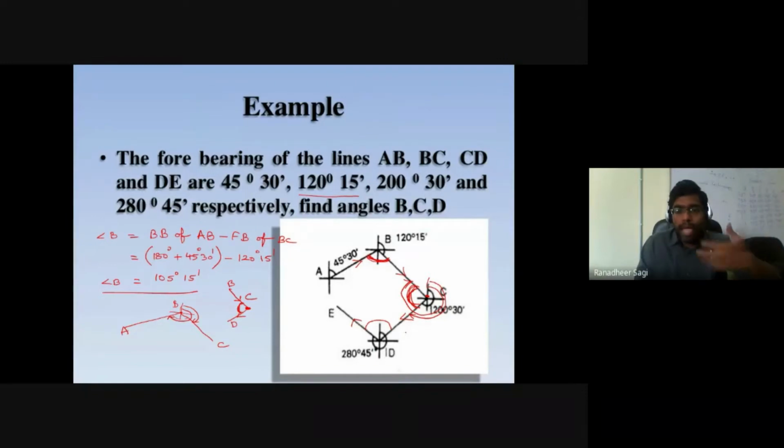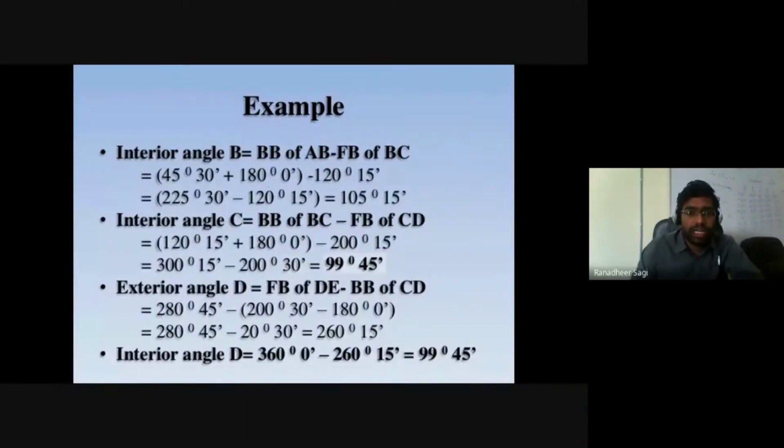So the back bearing of your line BC minus the forebearing of your line CD, if we calculate, we are going to get the included angle at point C. So the interior angle at point C is nothing but the back bearing of your line BC minus the forebearing of your line CD.